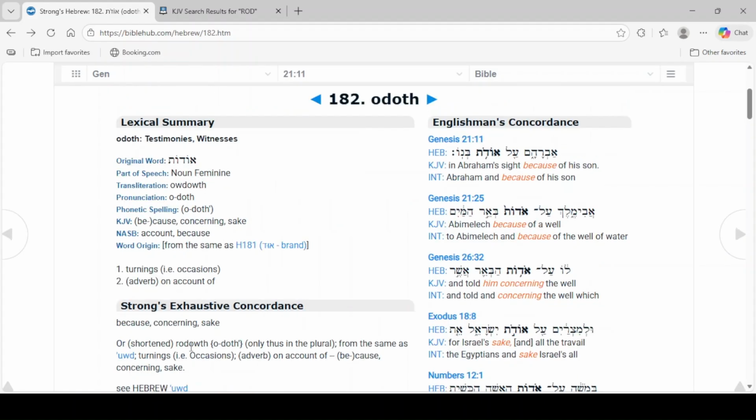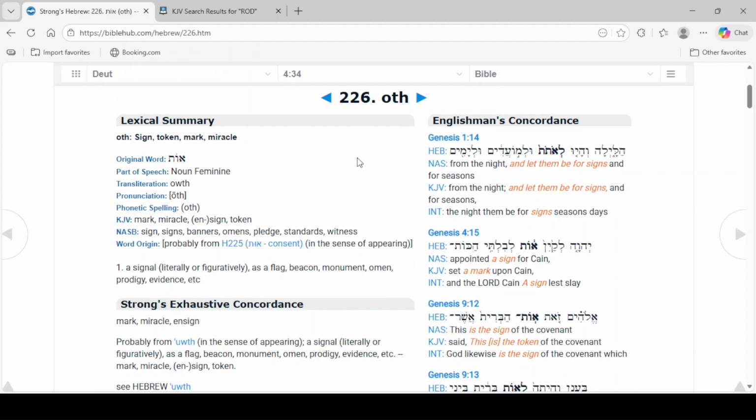The proper account of rod oath, and this is oath. Up here, the transliteration is OWTH. So I copied that word, and it's a word study unto itself. The word study for OWTH, here's OWTH transliteration, is 226. If you ever opened up an understanding to what an oath is, an oath can be a one-way agreement.